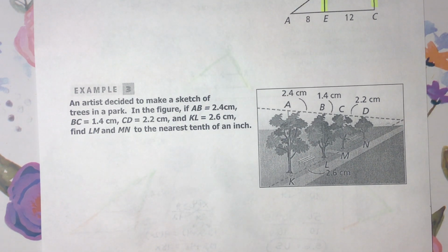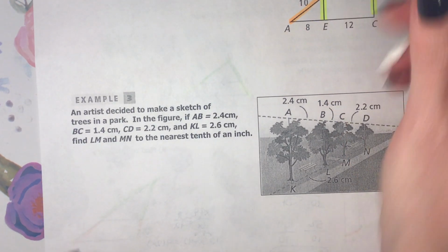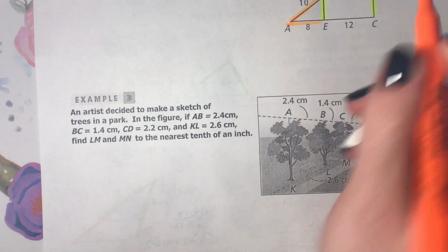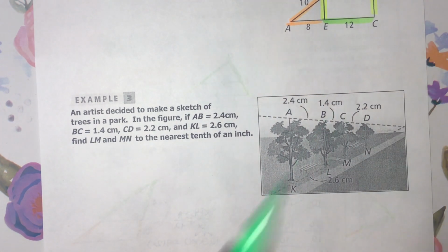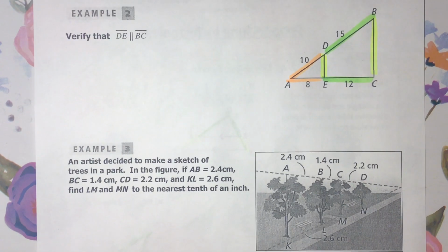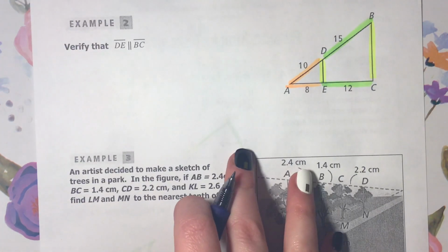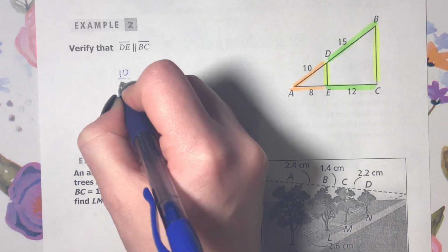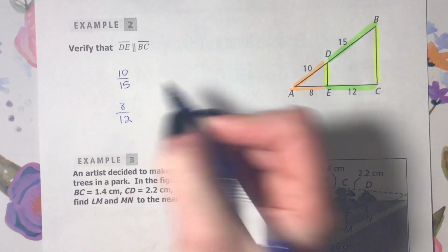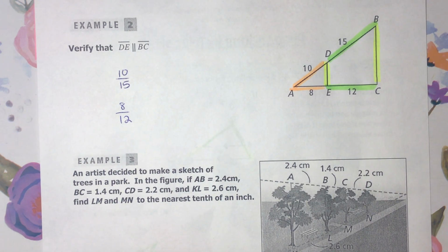So I'm going to line up 10 over 15 and 8 over 12, and see if those are going to be proportionate to each other. I want to know, are they proportionate?